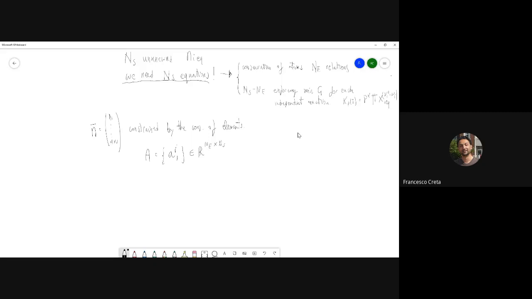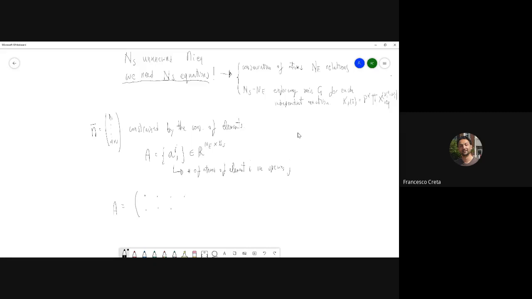Remember that? And each element contains numbers which represent the number of atoms of element I in species J.